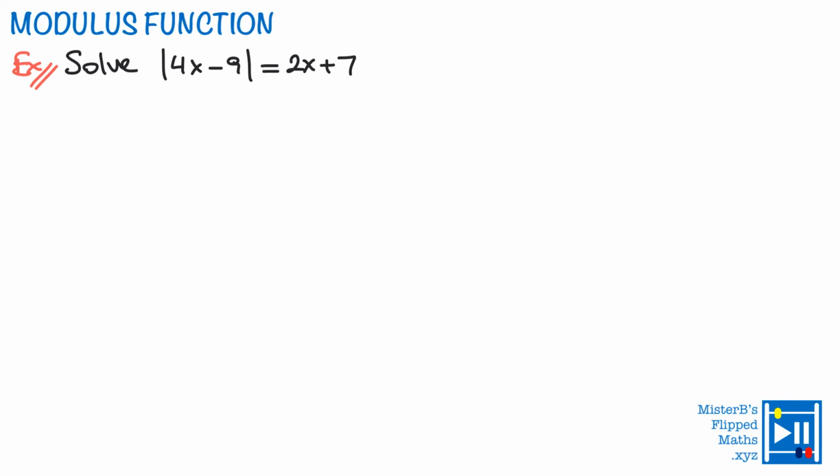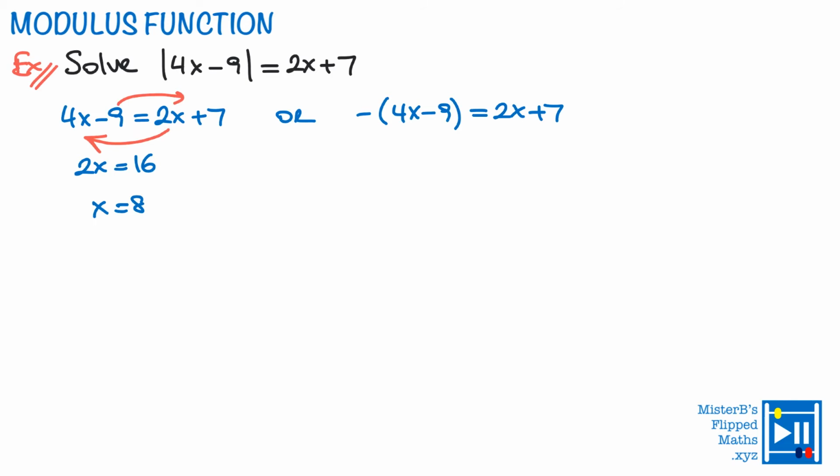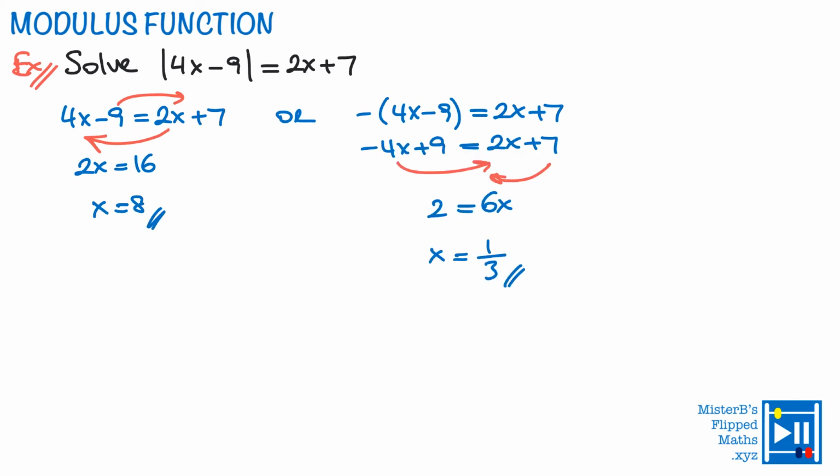Another example. So this one is slightly different, but I will still stick to the definition. So I'll go like 4x minus 9 equals 2x plus 7, or minus 4x minus 9 equals 2x plus 7. And if I solve the first one, I'll have x equals 8, and the second equation will give me 1 over 3.